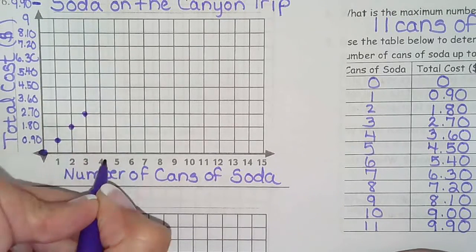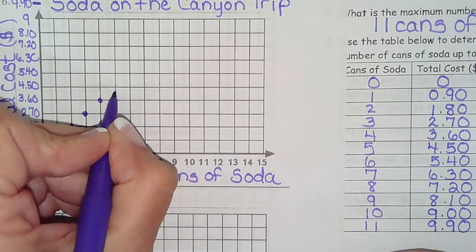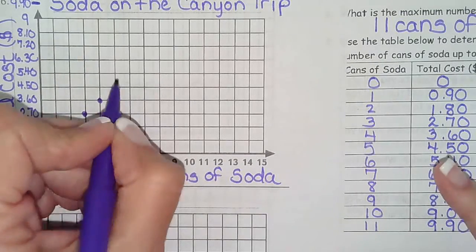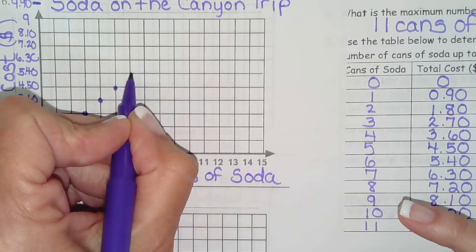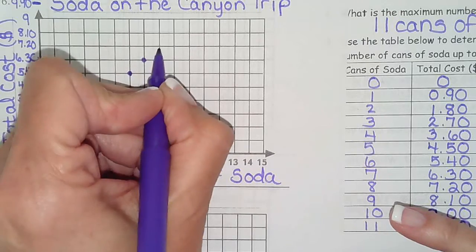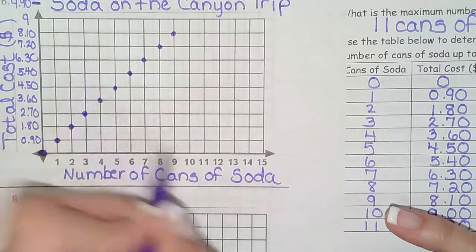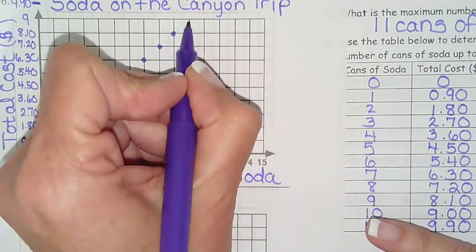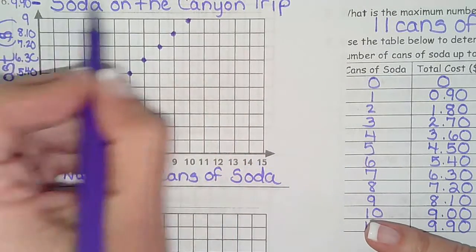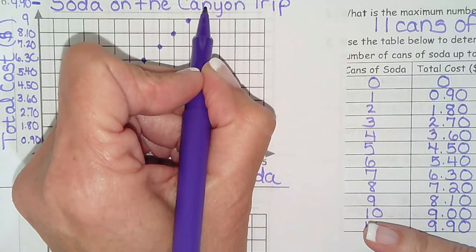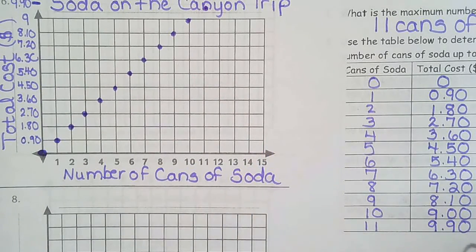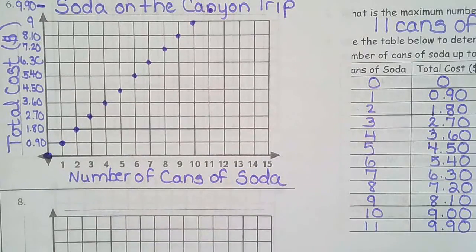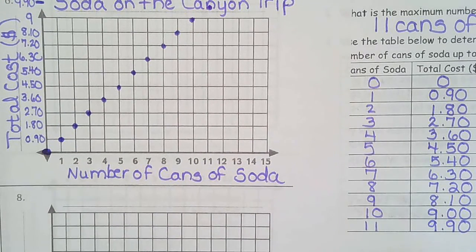You can see the pattern here. 5 goes with 450. 6, 7, 8, 9. 10 goes with $9, and 11 goes with $9.90. Okay, everybody get that?